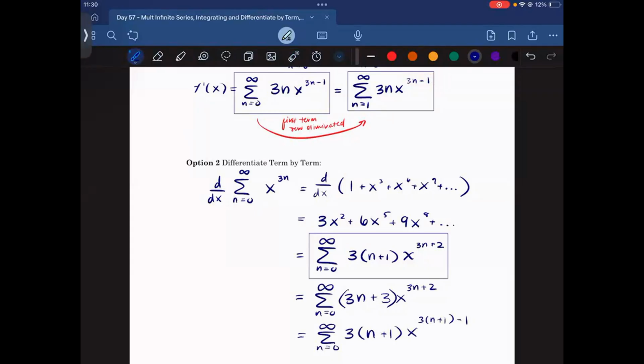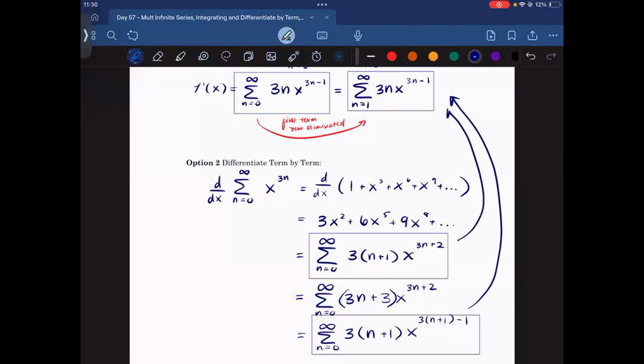So instead of the n, now it's n plus 1, and that would be because we would need to get rid of the first term. So these are the exact same, because of that elimination of the first term. These are all the same. Just a few different ways to write it.